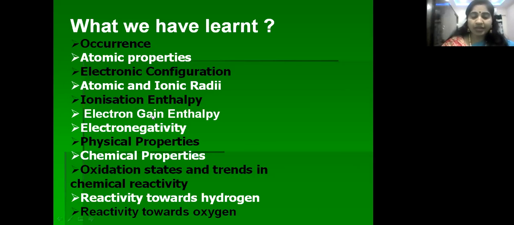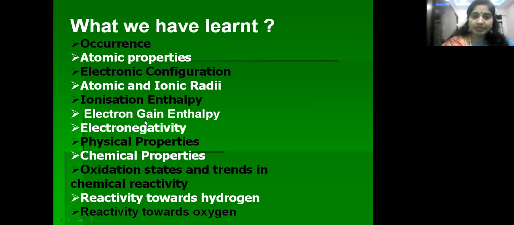Next, electron gain enthalpy, very important. They want 1 electron to get noble gas configuration. If you give 1 electron to them, then what happens? They easily accept. So because of that, electron gain enthalpy for 17 group elements is a high negative value. But here fluorine should have more electron gain enthalpy when compared with chlorine, but it is not like that.